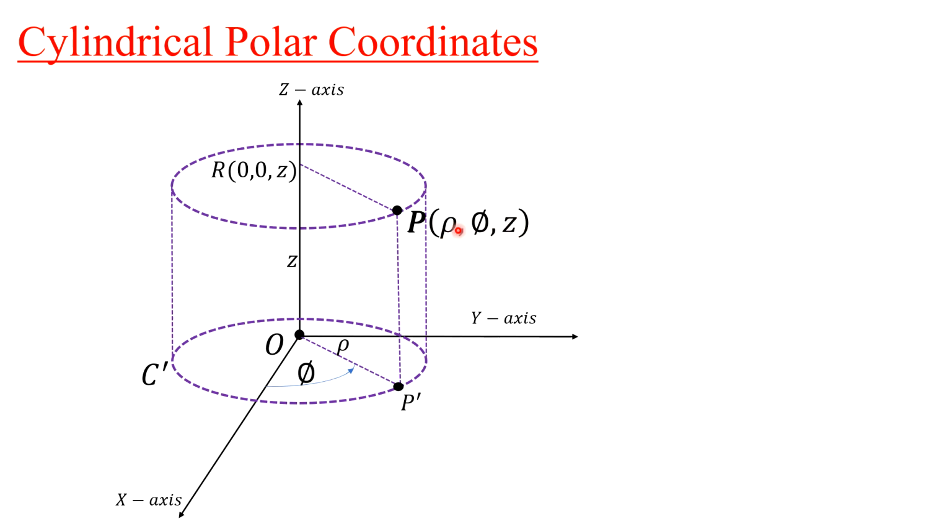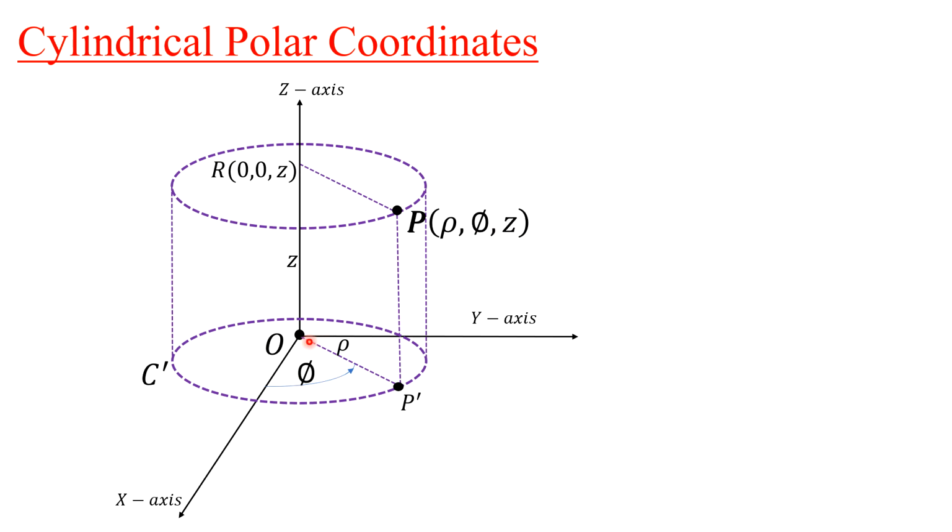Here rho tells us that the point lies on the cylinder about the z-axis whose radius is rho. z tells us the height of the point above the xy plane, and phi tells us on which line the point lies, the line whose angle with the positive x-axis is phi.